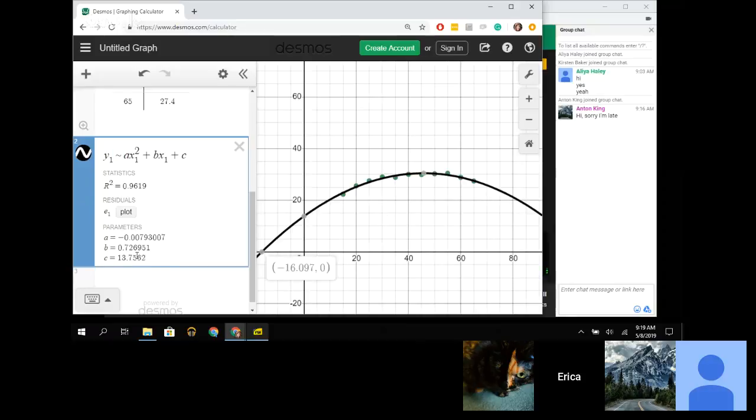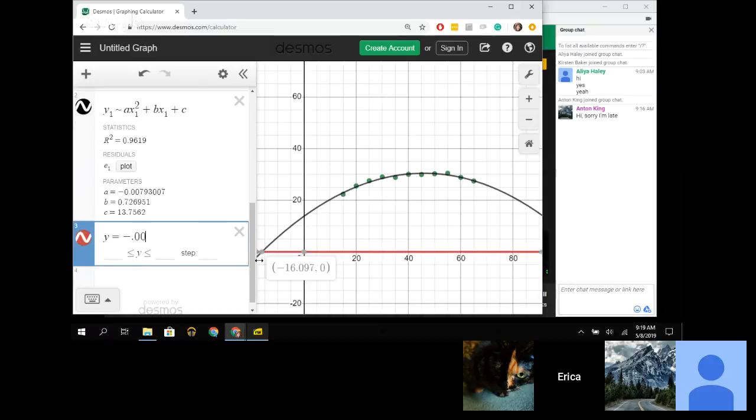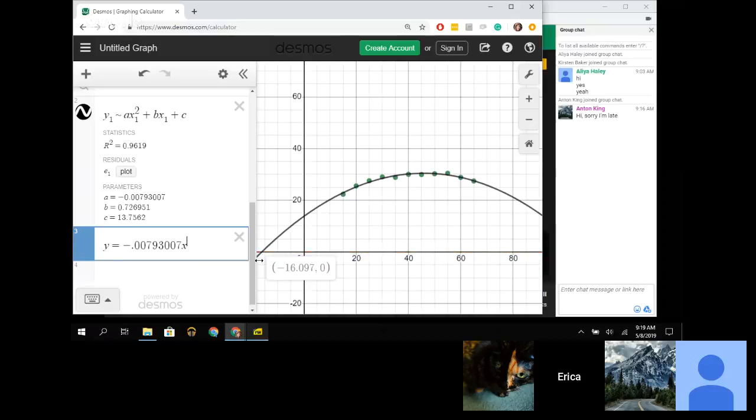So you can see down here this A, B, C. What that means is that this value right here, negative 0.007930007, goes here for this A. And 0.726 whatever goes for B, and then 13.75 goes for C. So if I wanted to write this as a model, I would say y equals negative 0.0079307 x squared plus, and then I take my B value, 0.7296951 x plus 13.7562.